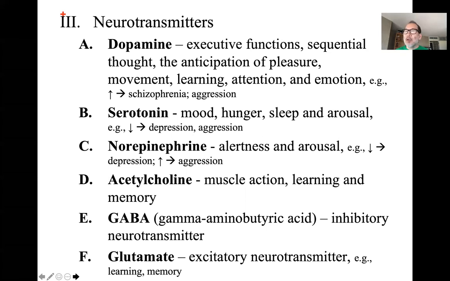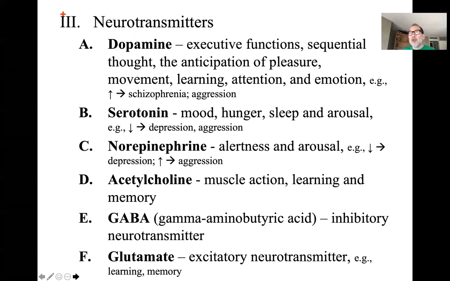As if executive functions weren't enough, it's also associated with sequential thought processes. Another big one is the experience of pleasure or reinforcement, for example, the reinforcing aspects of substance use, very closely tied with dopamine. And other important functions such as learning and attention.